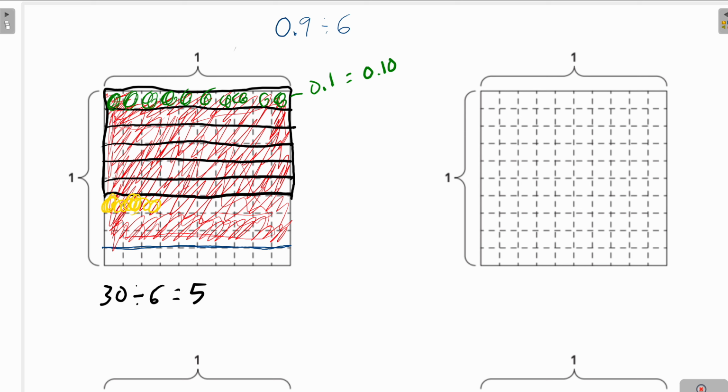So let me just shade that in. 1, 2, 3, 4, 5. So 5 hundredths to this one. And this one, I'm just going to shade it in. Let's shade it in blue. Okay. 5 hundredths to this one.